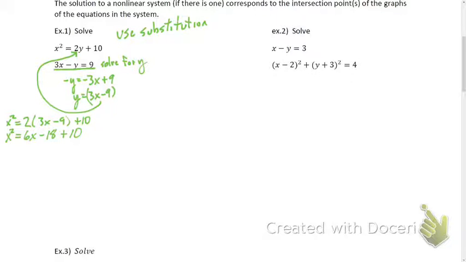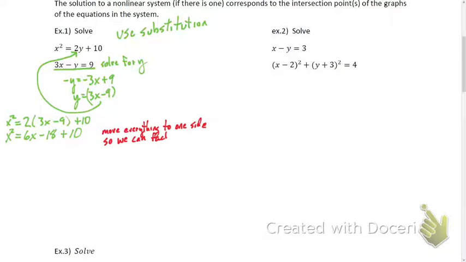This is a sign that we need to factor. Let's move everything to one side so we can factor.